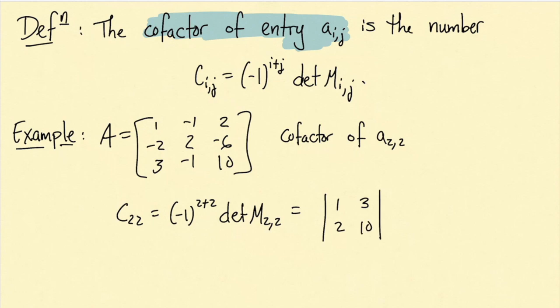And we can use the formula from the end of the previous video to see that this is 10 minus 6, which is equal to 4. So the cofactor for the entry A22 is 4.